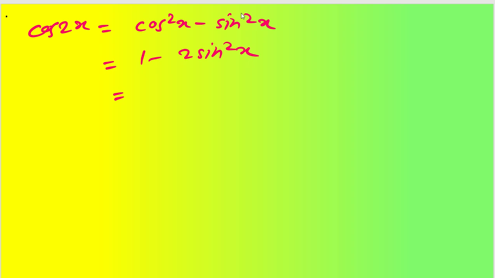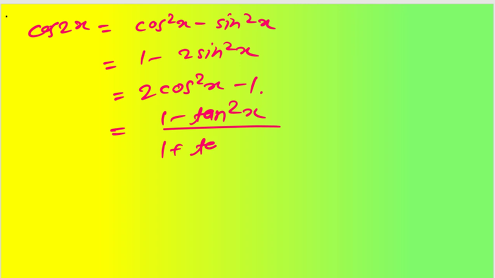Again, you know sin square x is 1 minus cos square x, so that will become 2 cos square x minus 1. So all these formulas are for cos 2x. Okay, and in tan form also it is there, which is 1 minus tan square x divided by 1 plus tan square x. So these four formulas are very important for cos 2x.